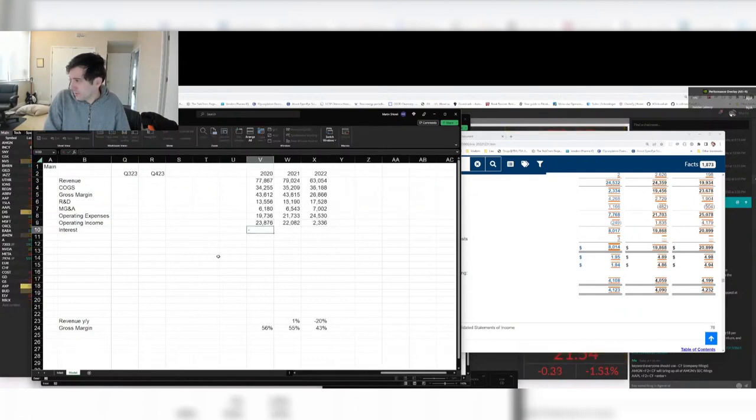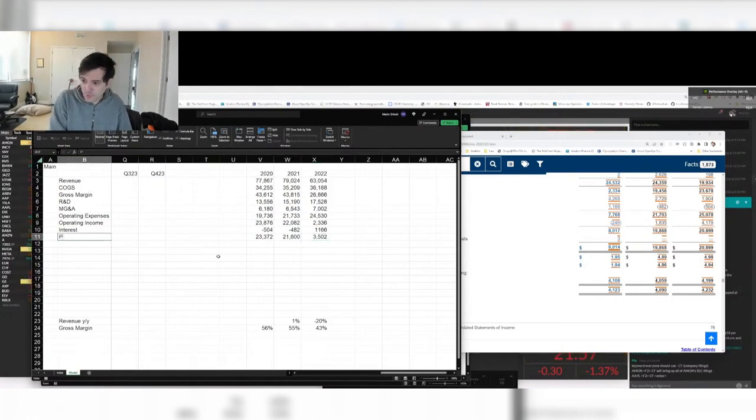It's kind of a GAAP, non-GAAP thing. GAAP is generally accepted accounting principles. And we kind of prefer non-GAAP numbers when possible, although we want to understand the difference between GAAP and non-GAAP. All right, so this is taxes.